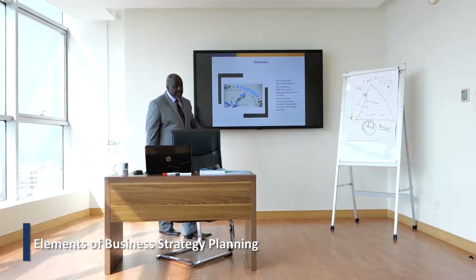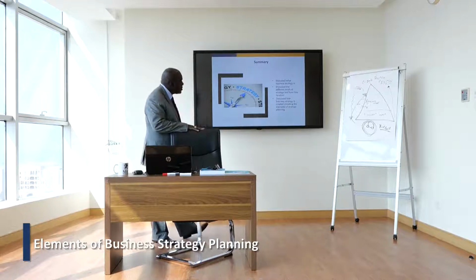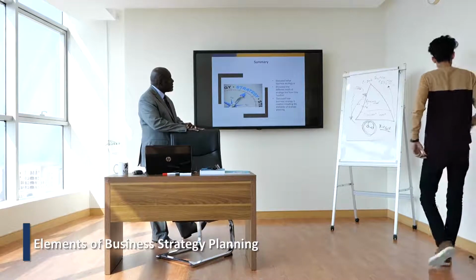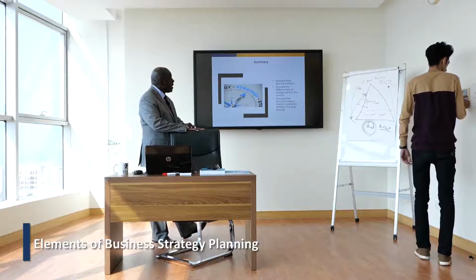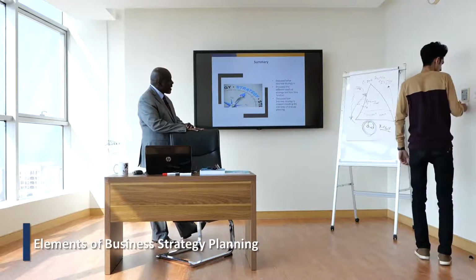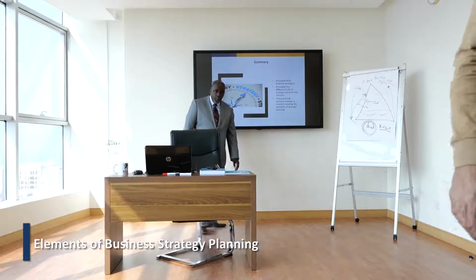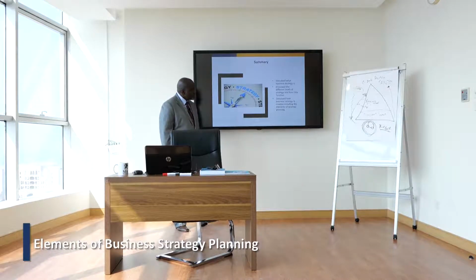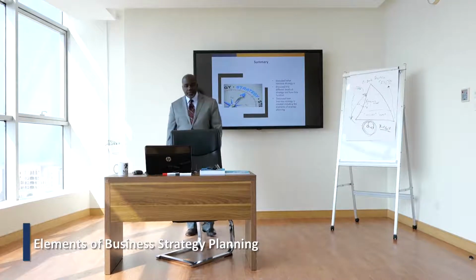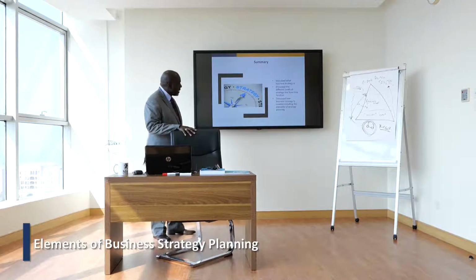Right? So, in summary, module number 3, we discussed the business strategy, and what a business strategy is. We also discussed the different levels of strategy and how each function is performed. We also discussed how business strategy is created and the elements of the business strategy as well as the planning.